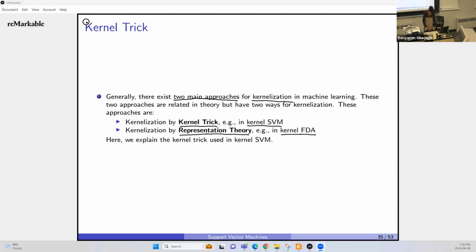But interested students can take a look at that tutorial paper. It also appeared as a chapter of the book Elements of Dimensionality Reduction and Manifold Learning. It's summarized in that book, but its full version is in the tutorial paper. This is for those of you who want to know kernelization from pure mathematics.